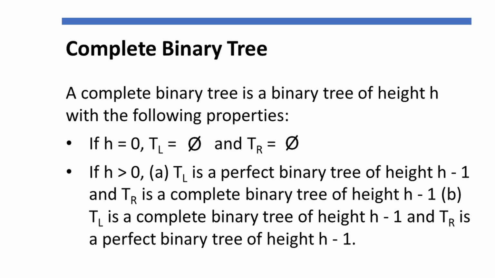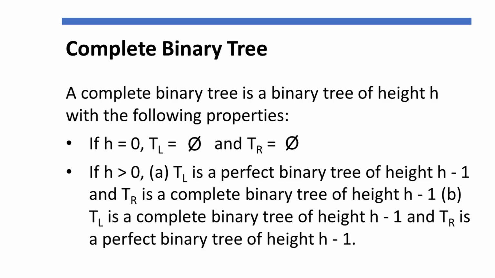Initially, the data to be sorted is stored in a complete binary tree, but the data is not heap ordered. The complete binary tree is a binary tree of height h with the following properties. If h is equal to 0, the left subtree is an empty set and the right subtree is an empty set.